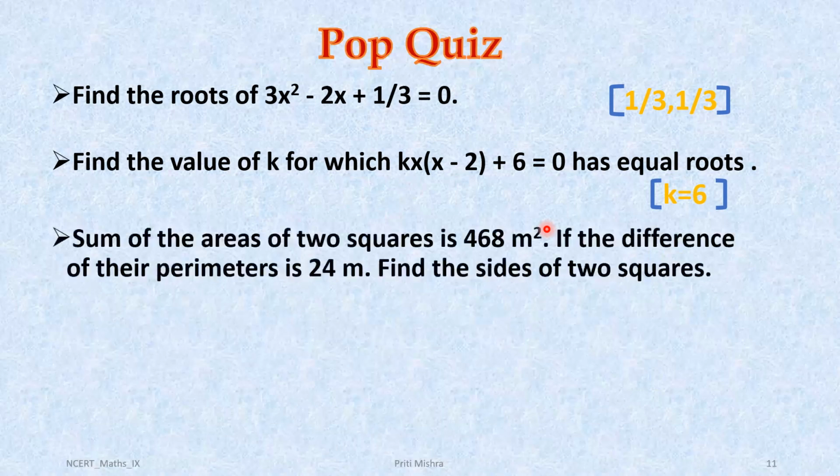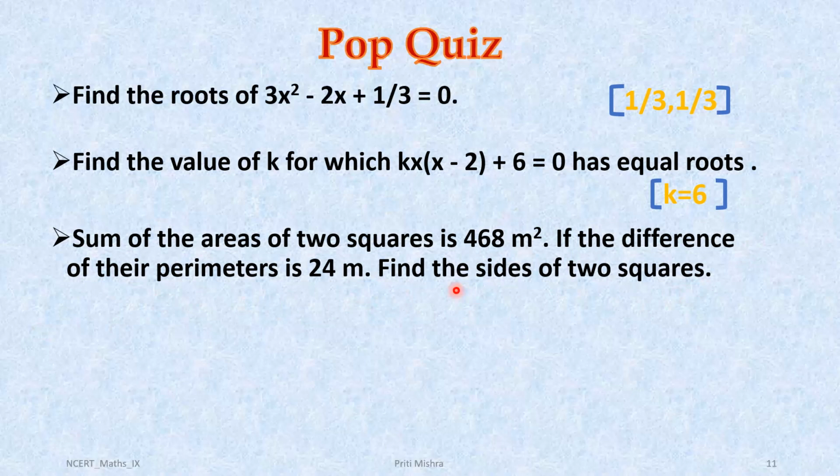Next question is, the sum of the areas of two squares is 468 meter square. If the difference of their perimeters is 24 meter, find the sides of the two squares. Yes, very interesting question.